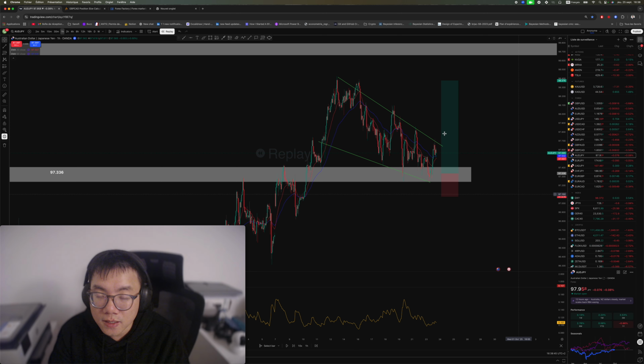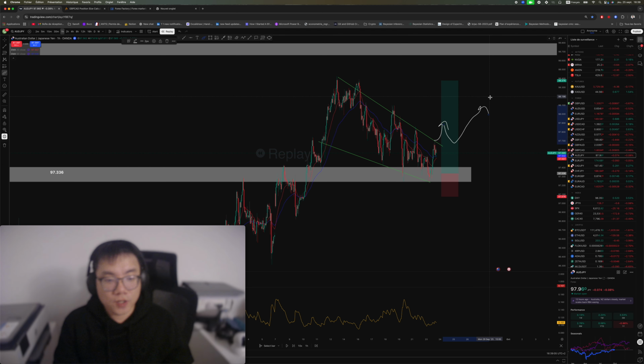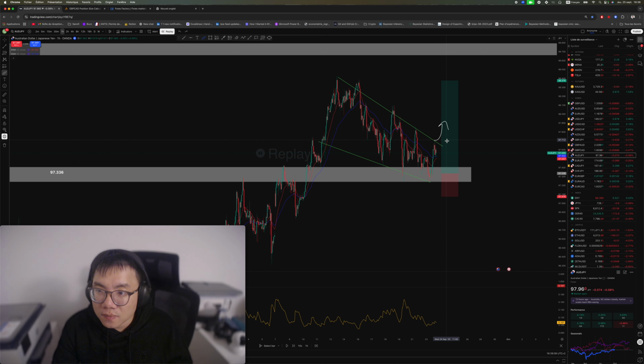Since we have a flag here, we can either wait for a break above the flag, or wait for a retest and enter. But the price position would not be good because we're quite late to the party, right?